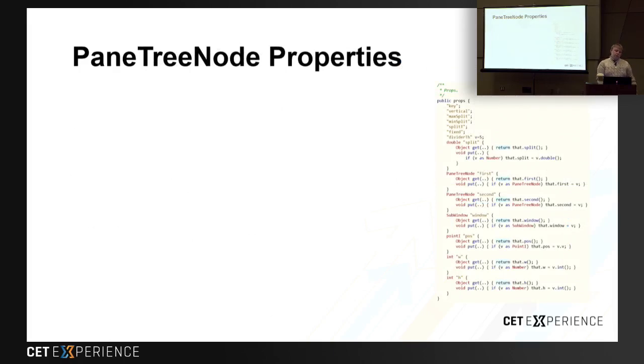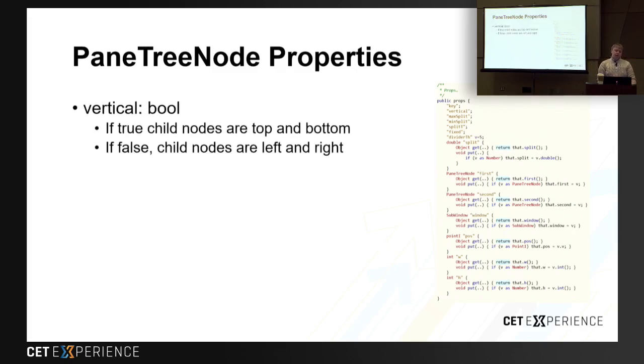So I'm just going to go over a few of the properties that are associated with a pane tree node. Those are the nodes of the tree structure for the window. So we have a vertical property, which is a bool that just determines whether the split that happens is between a top window and a bottom window, or a left window and a right window.